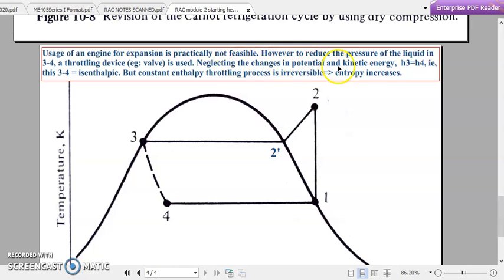Neglecting the changes in potential and kinetic energy, because this is only a simple valve operating between 3 and 4, we can assume that H3 will be equal to H4, or we can assume the 3 to 4 process as an isenthalpic process. But a constant enthalpy throttling process is always irreversible, which implies entropy will be increasing.